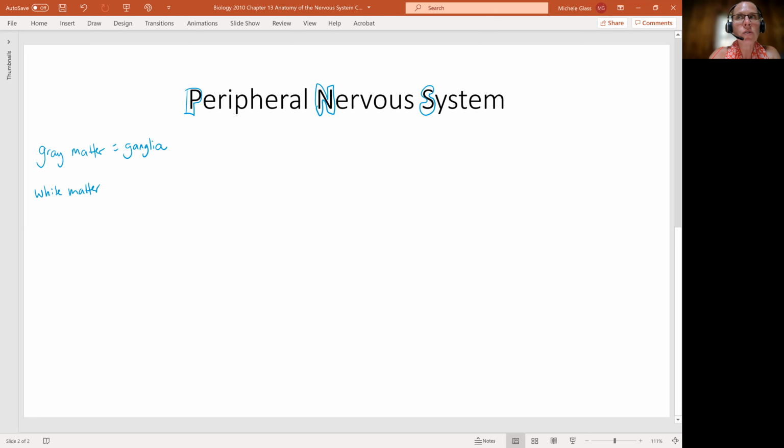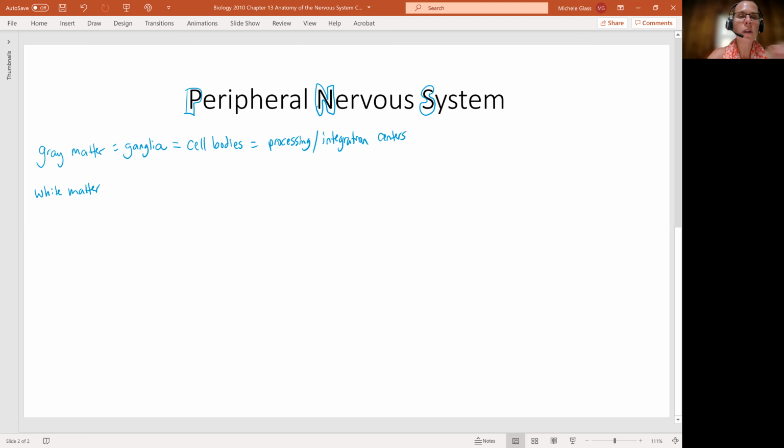And we'll get into some examples of this in our next chapter, I expect, and definitely when we move into our next semester. Remember, gray matter, by definition, is our collection of neuron cell bodies or somas. And we should think about these as little processing or integration centers.